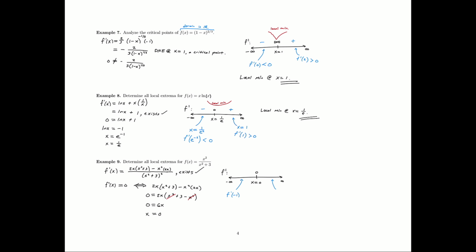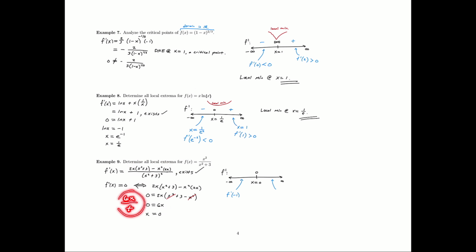If we go and look at the first derivative here, this entire numerator simplifies into just 6x. And this bottom is always positive. So the fraction is 6x over x squared plus 3 squared, and this bottom's always positive. So it's really 6x divided by a positive number.